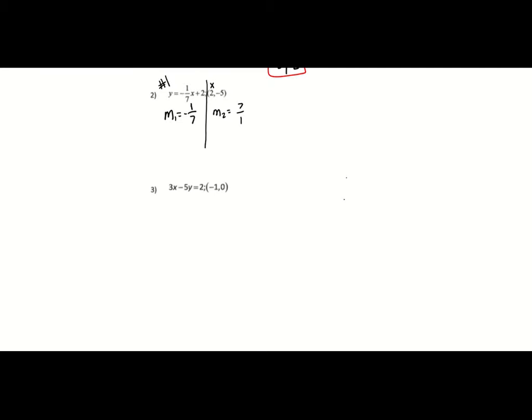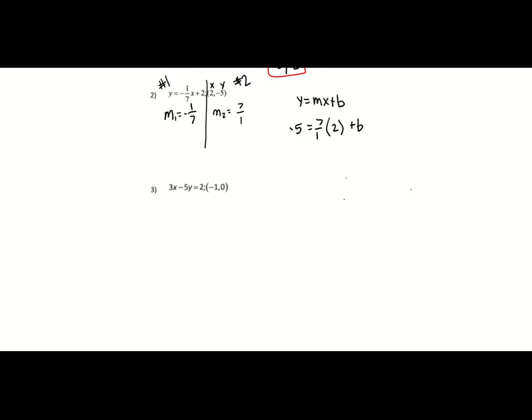I have my x y point for my number 2 equation. And now I'm going to plug that in to solve for b. So if my y equals mx plus b, I get negative 5 equals m, which is 7 over 1, x, which is 2, plus b.